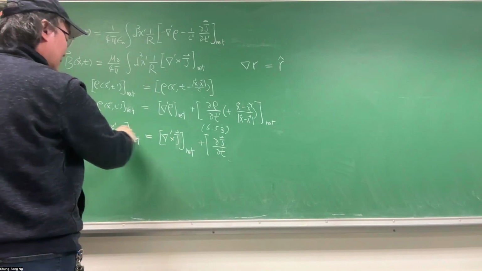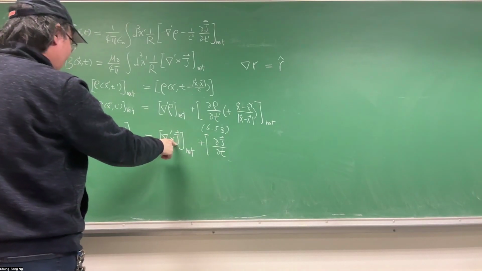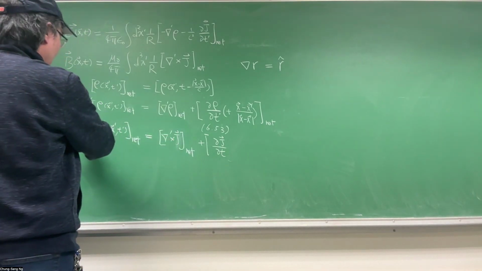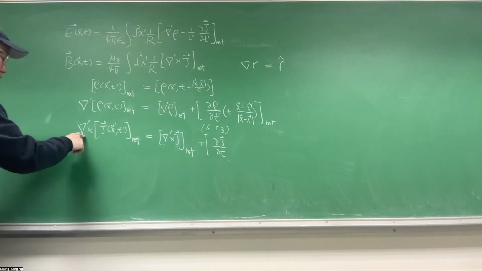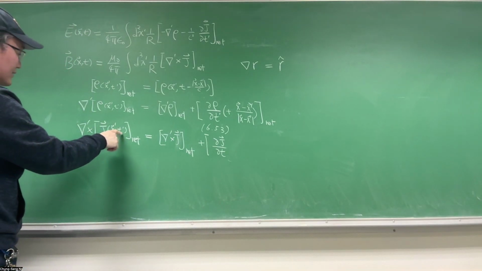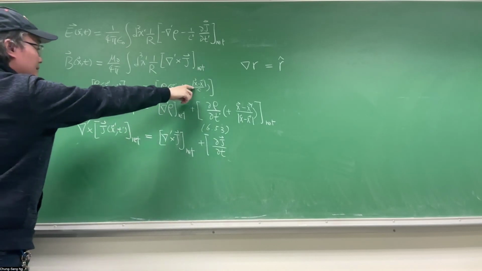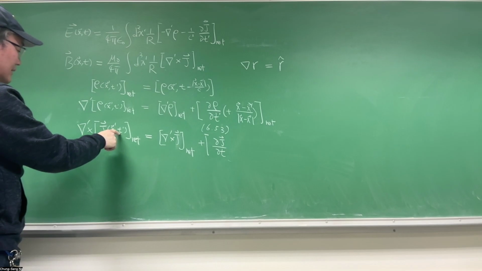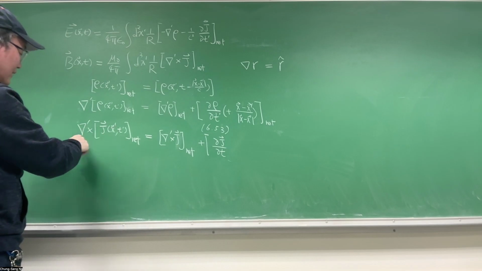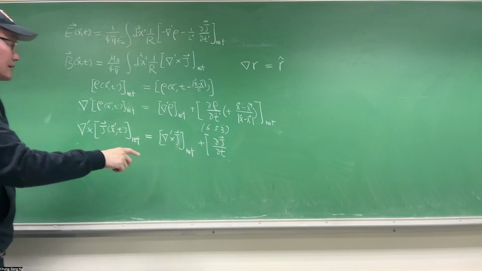This is now a J function, a vector function, and you take the curl of that, but all the dependence is actually inside the second bracket, and you take the curl of that.